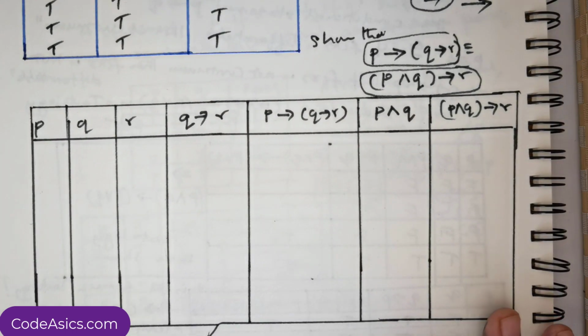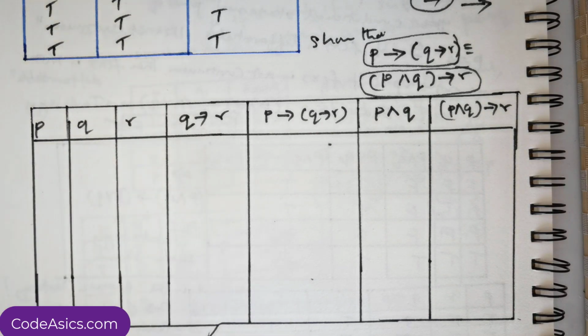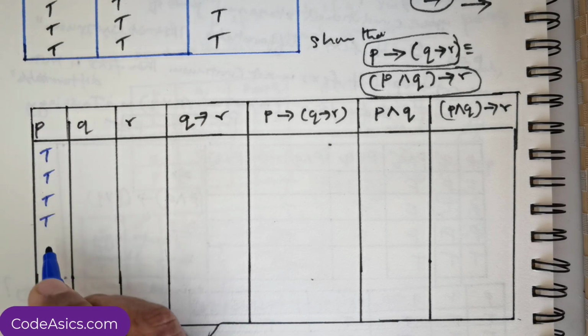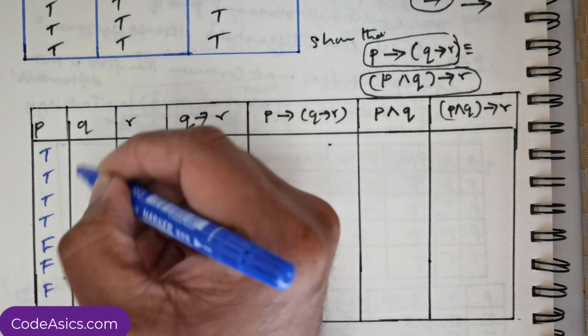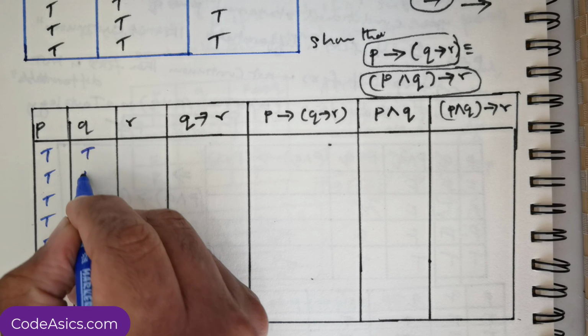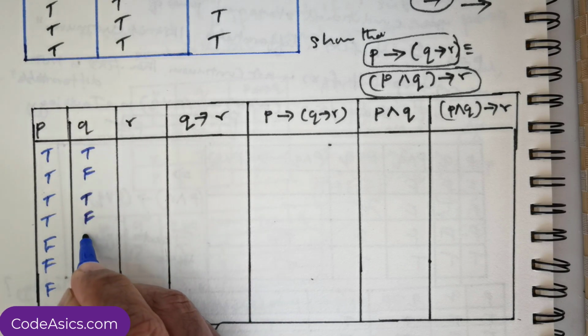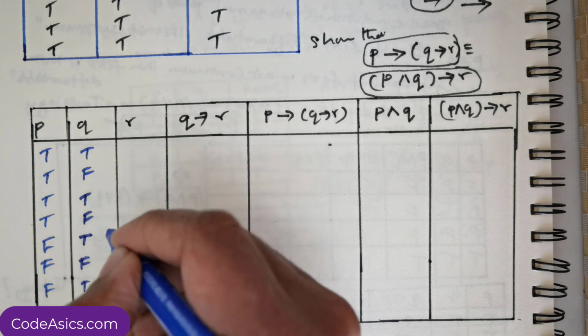Okay, so let me place the truth values. Now for this, you place 4 T's, 1, 2, 3, 4, and 4 F's, 1, 2, 3, and 4. And for this, you place TF, TF, and then TF, and then TF.